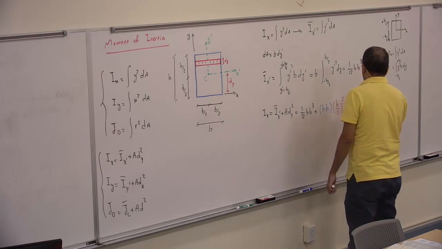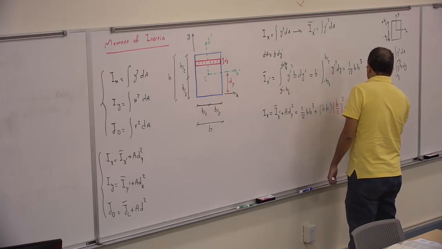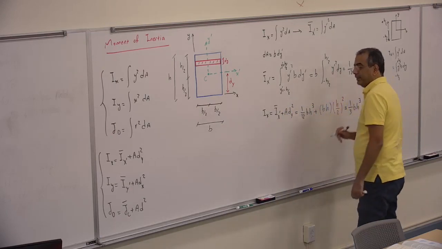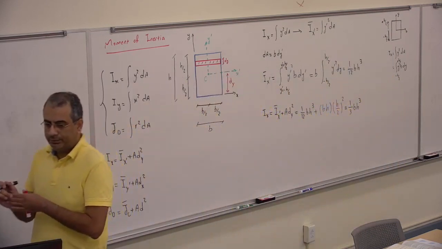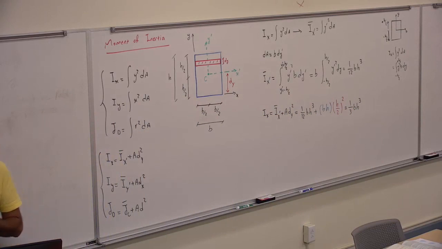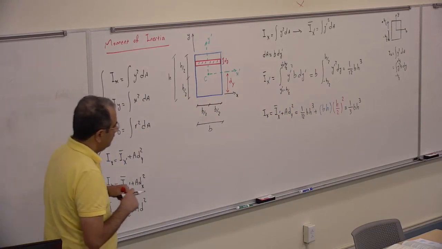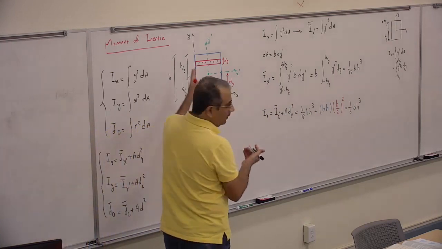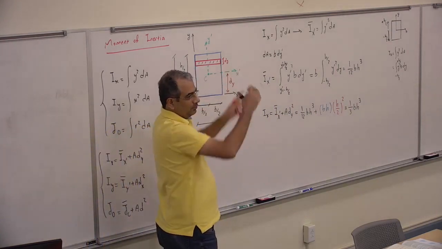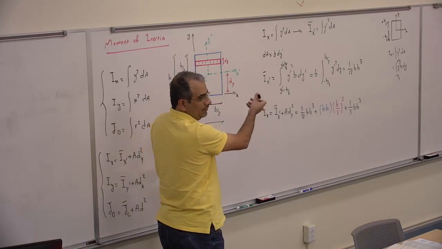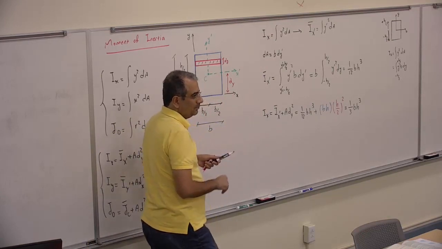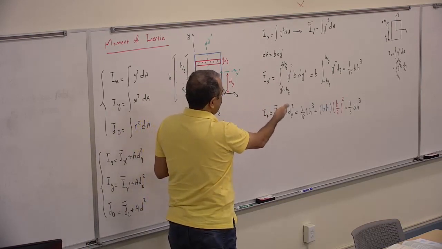This comes out to 1/3 of bh cubed. You can do the same thing for the y, but since the rectangle is symmetric, it's just switching b and h. Instead of bh cubed, it's going to be hb cubed.